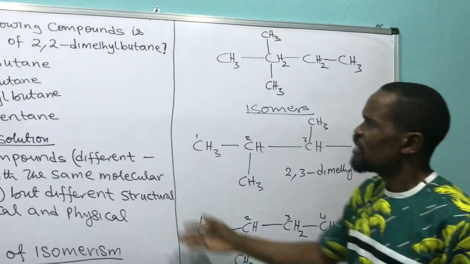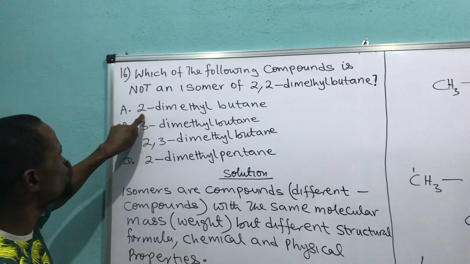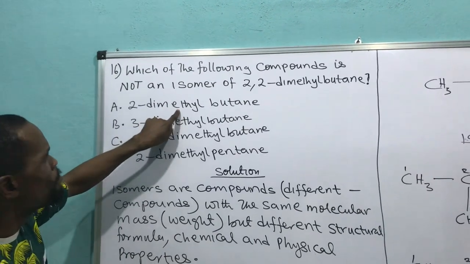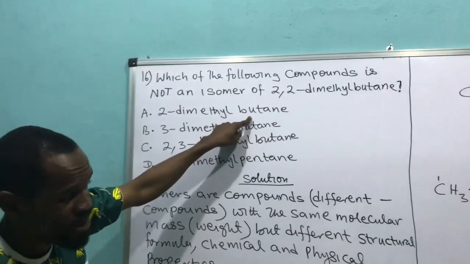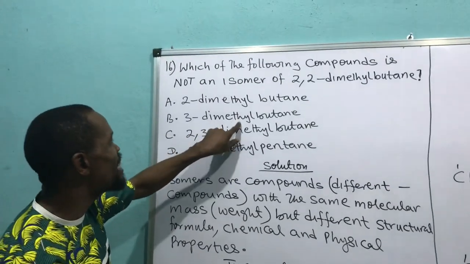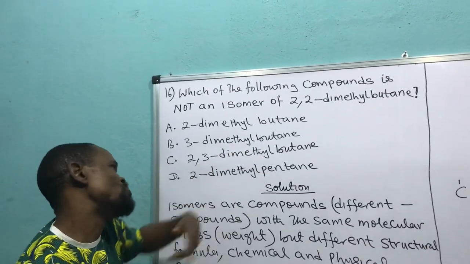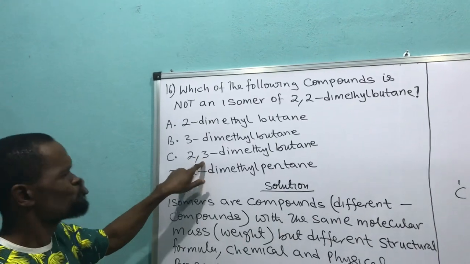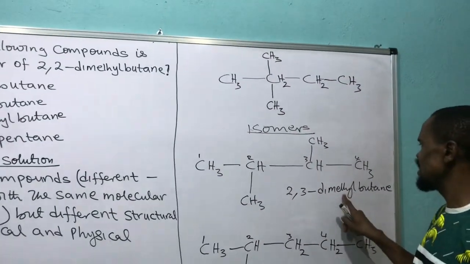Well, let's see. Here now, in the options they give me, they said 2-dimethylbutane. Nothing like that there. We don't have 2-dimethylbutane. We have 3-dimethylbutane. No, we have 2-3. Look at it. 2,3-dimethylbutane.